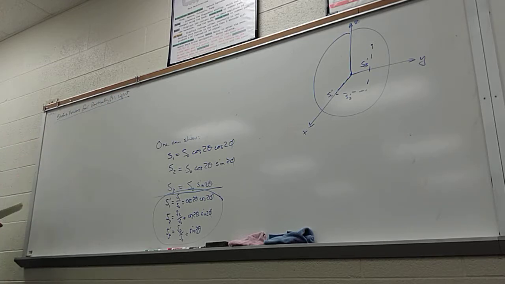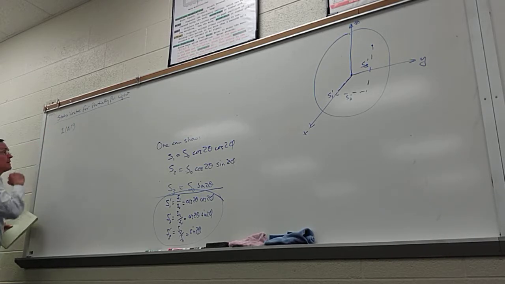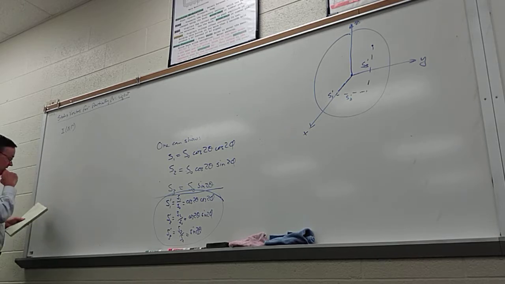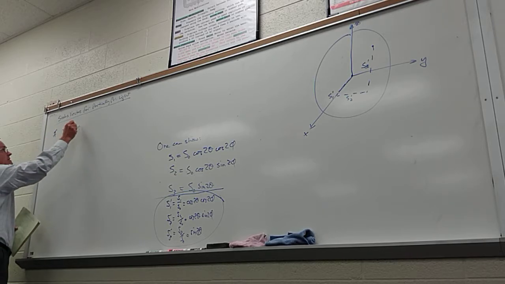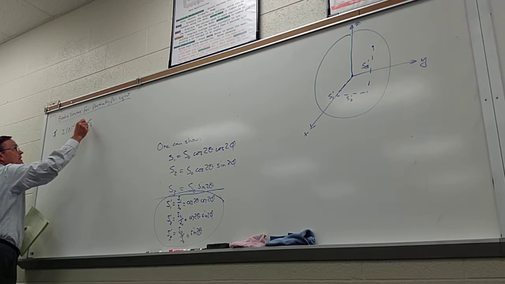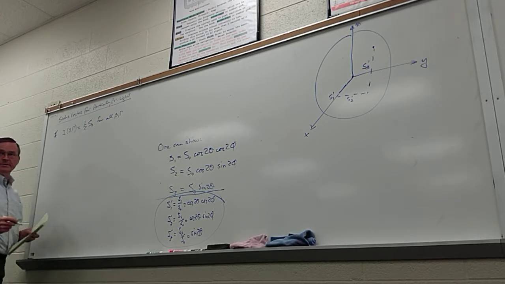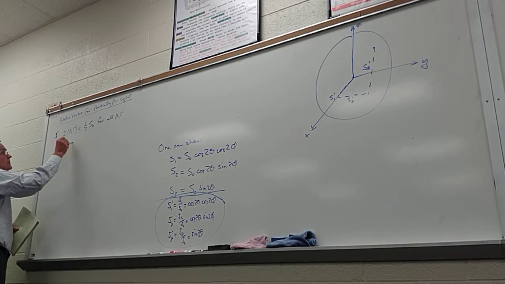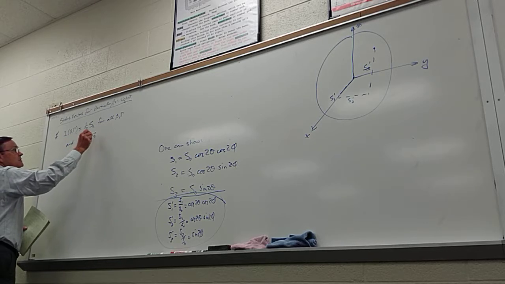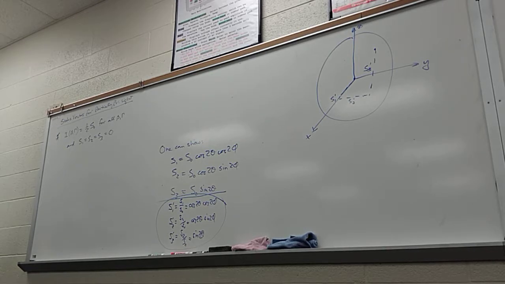So we had our measurement I of beta, gamma, and if I of beta, gamma is equal to 1/2 S0 for all beta and gamma, and S1, S2, S3 are 0, then we must have completely unpolarized light.